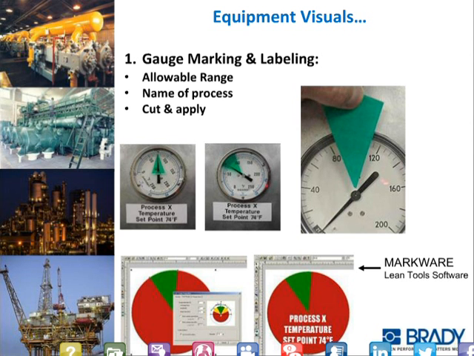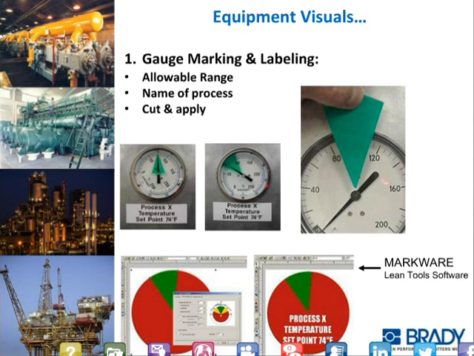What I've seen done is provide the green range, but then take a very fine point Sharpie, put a mark on there for the set point, and then put a clear label over it to protect that mark. Again, gauge labels especially are designed to be very quick and easy to produce, but also very informative. So that's a good question, the set point as well as the range.